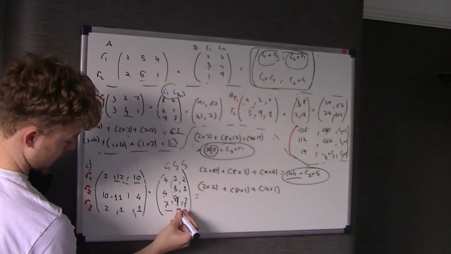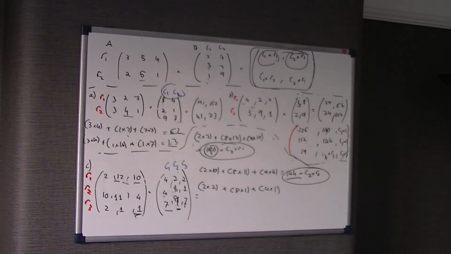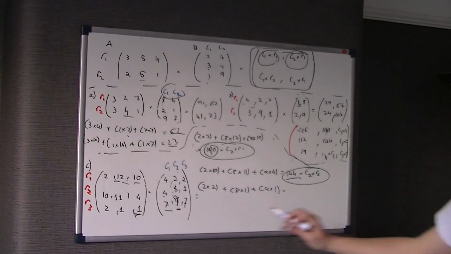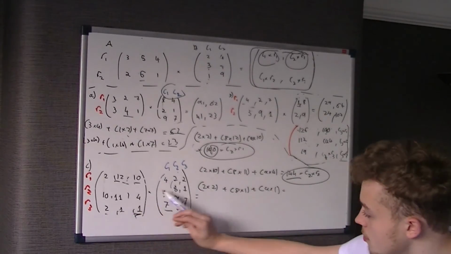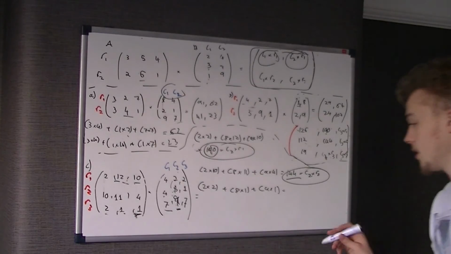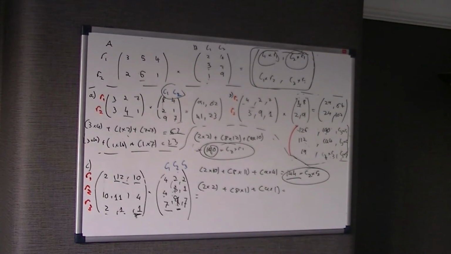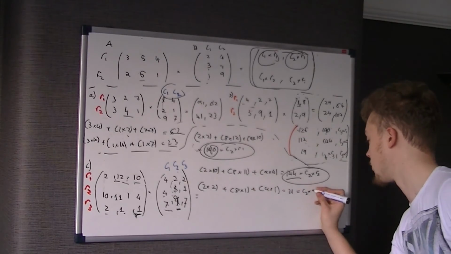Sorry, I'm not sure if you can actually see what I'm pointing at, and all you can see is my back. So it's 4 plus 8 plus 9, which is obviously 21. And that is equal to column 2 times row 3.